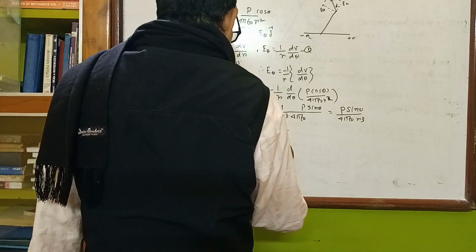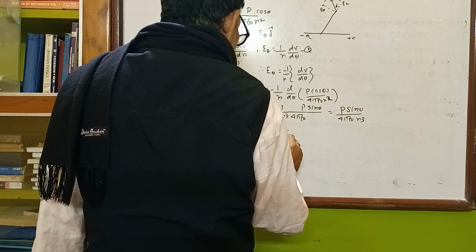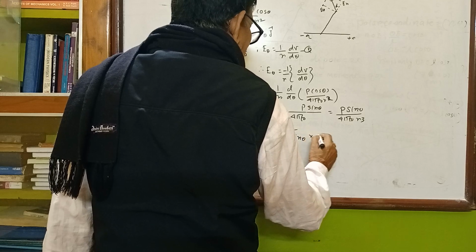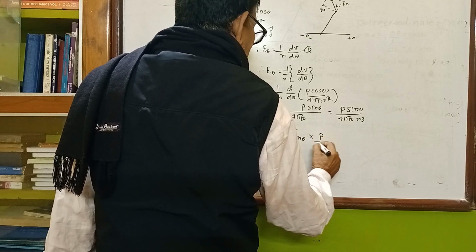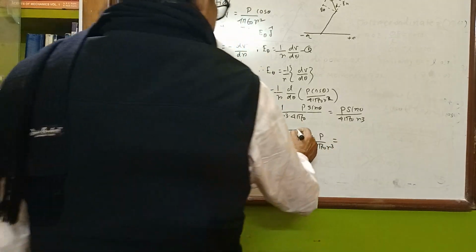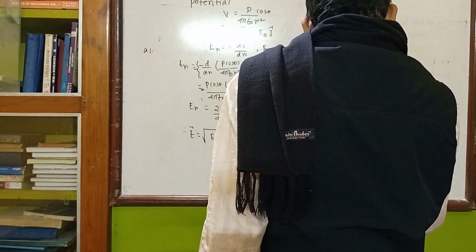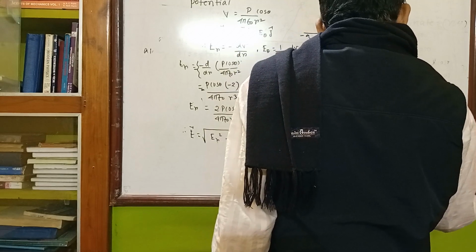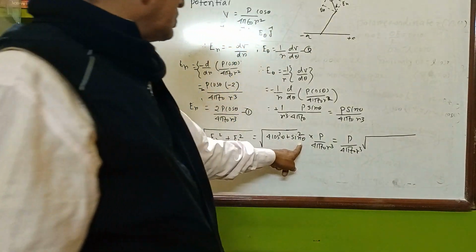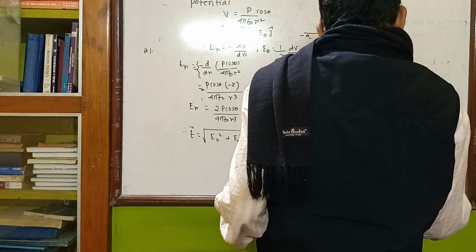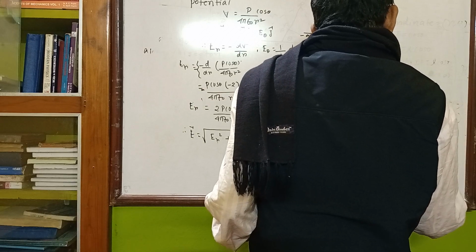So it will be 4 cos square theta plus sin square theta, and outside p by 4 pi epsilon naught r cube. Or you can write p by 4 pi epsilon naught r cube root over, breaking sin square theta as 1 minus cos square theta, 3 cos square theta plus 1, the general value.